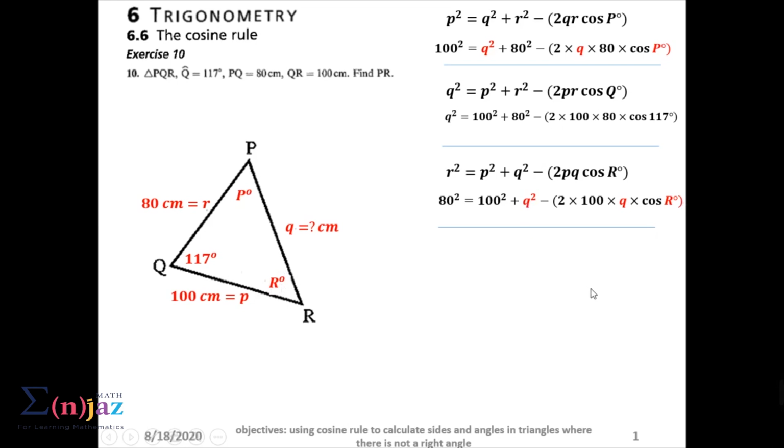So this equation cannot be solved. So we're going to exclude the first and the last options of applying the cosine rule, and we're going to stick to the one in the middle.